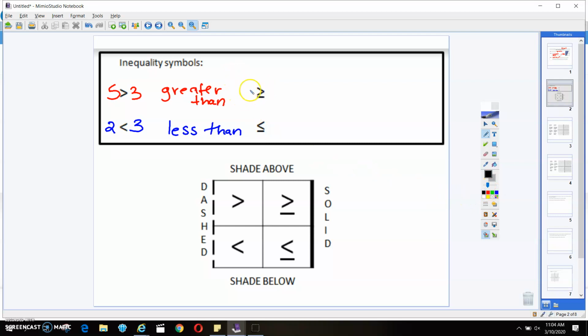For this over here, I would have this, and I would read this as 8 is greater than or equal to x. And this last one, I would say 3 is less than or equal to 5.